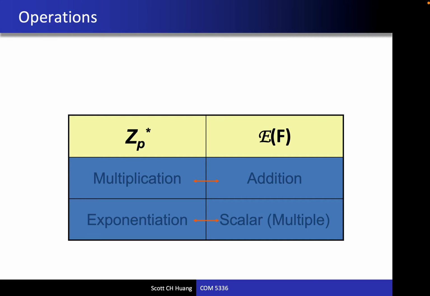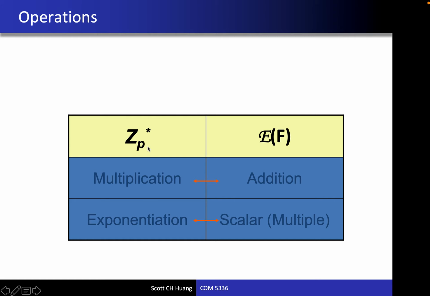Now let's take a look at the operations. In the past, we already introduced many discrete log-based problems. And now we're going to modify them using elliptic curves. We apply the elliptic curve group to these applications.